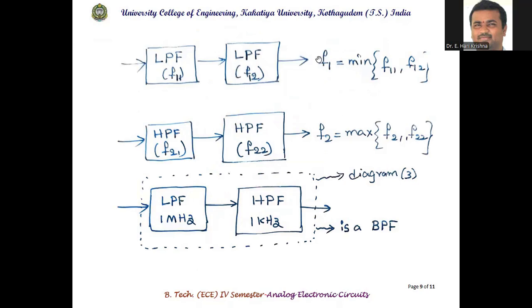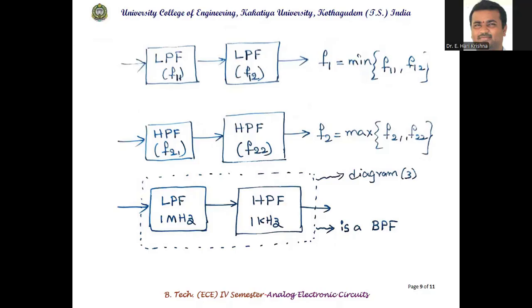That is F1 is equal to minimum of F11, F12.